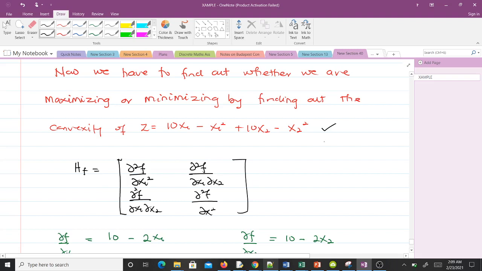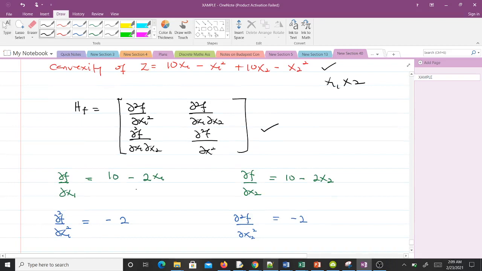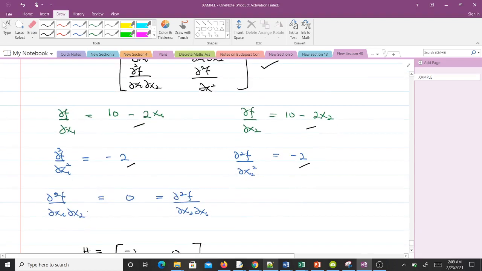Since we have x1 and x2, we are going to use the Hessian matrix here. So we find our partial derivatives, our partial derivative with respect to x1 and with respect to x2. When you find the second partial derivative, like del squared f over del x1 del x2, we get 0 here.